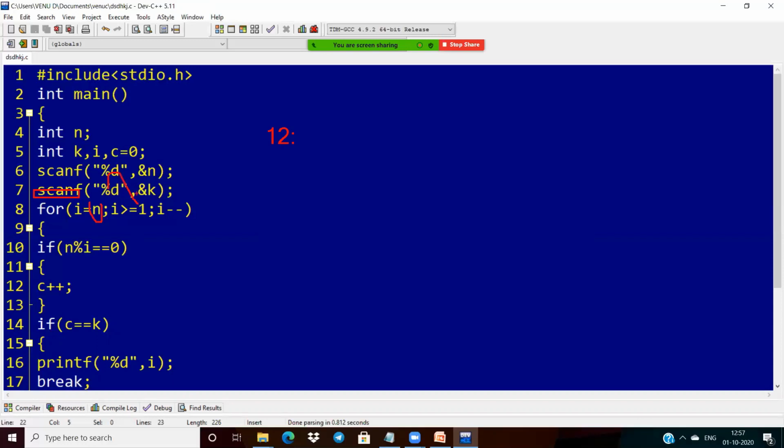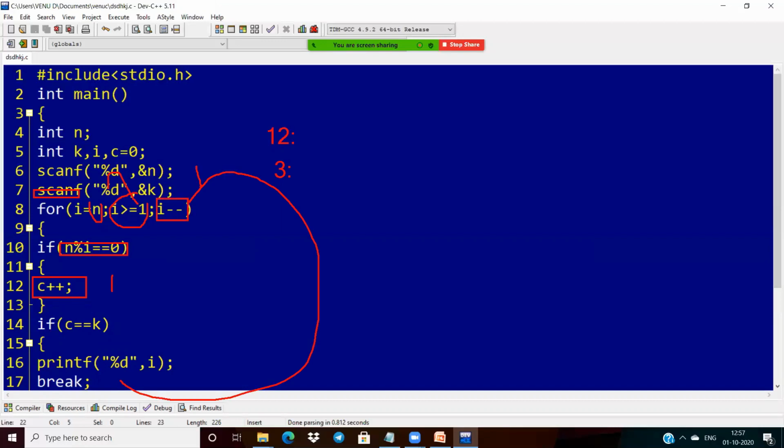Is 12 greater than or equal to 1? Yes. And n is my k, which is 3. Is 12 percentage of I equal to 0? 12 percentage of 12, yes. C is incremented by 1. What is the value? 1. Is 1 equal to 3? No. Then immediately I will be decremented.